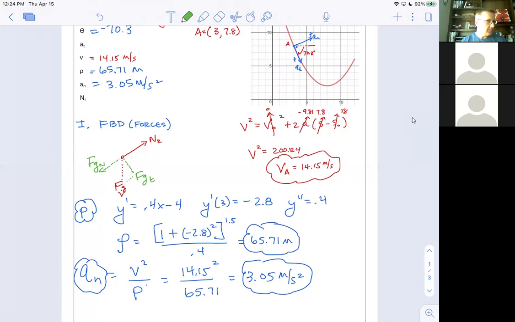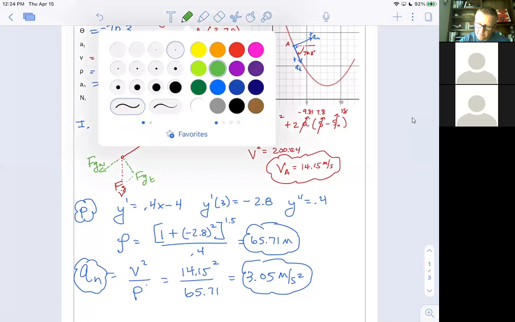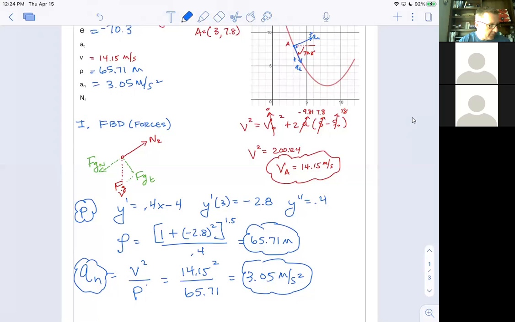So if I don't screw this up, I'll just write those in here since we're out of time. This one turns out to be 32.99. And the force of gravity tangential turns out to be 92.39.